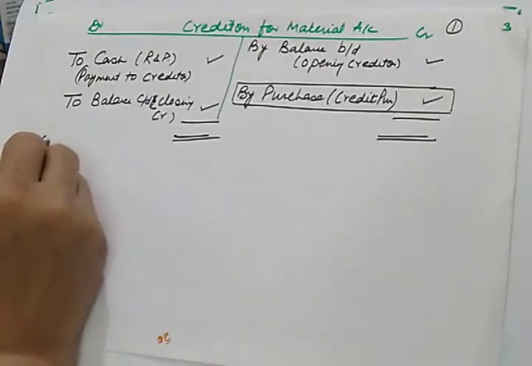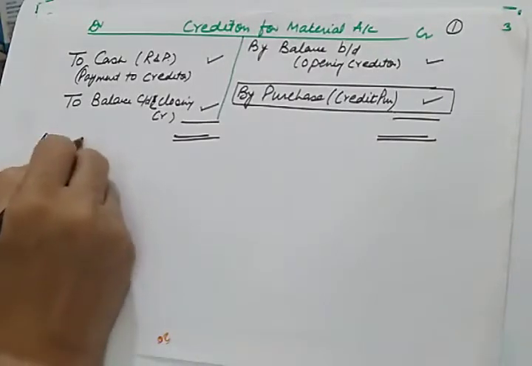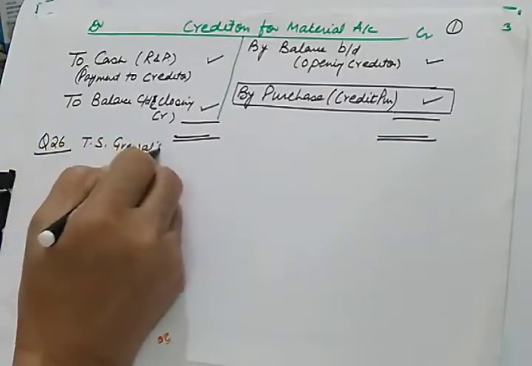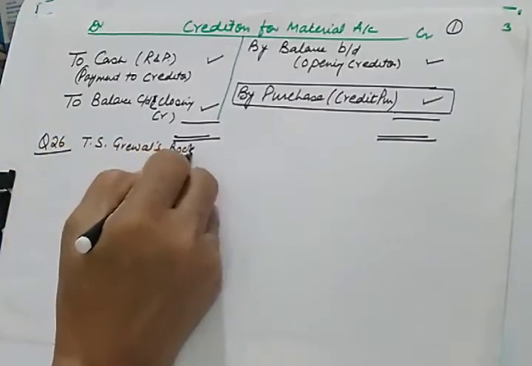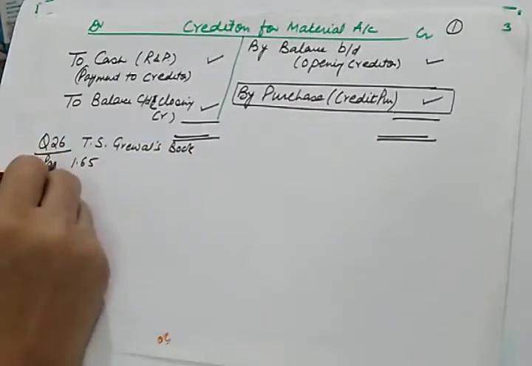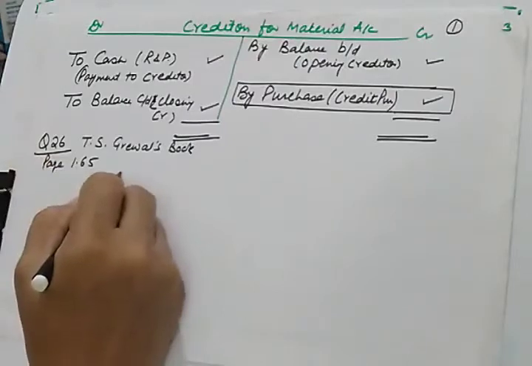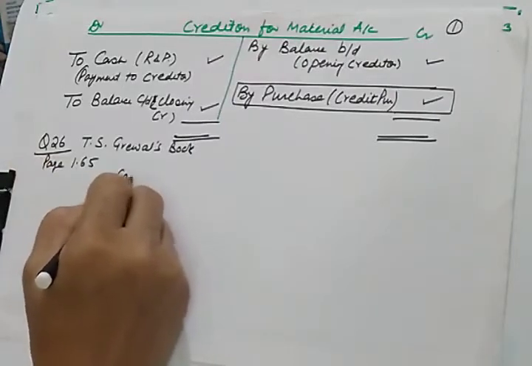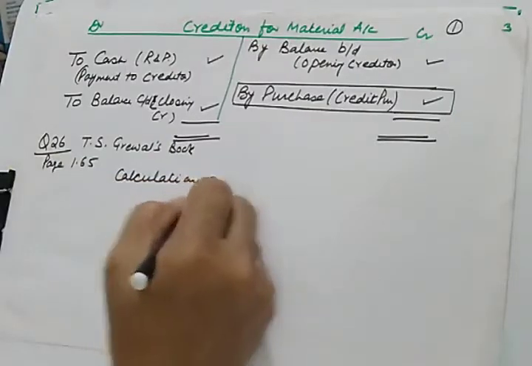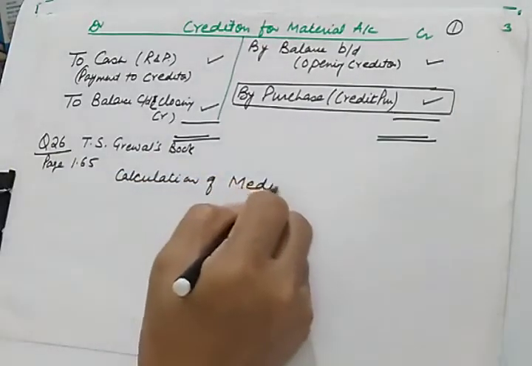So this is question number 26 of T.S. Grewal's book, and page number is 1.65. So my heading is calculation of medicines consumed.